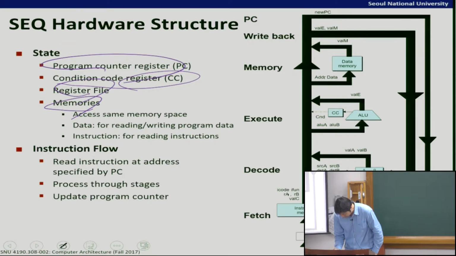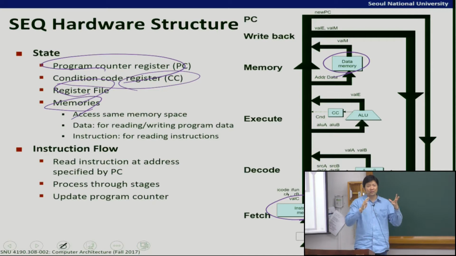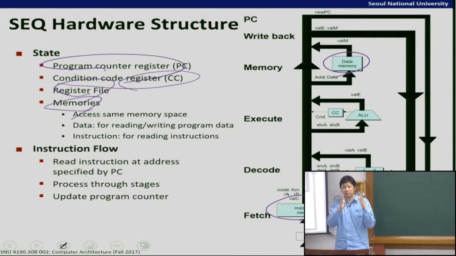One is the instruction memory, where we store the program code, and the other is a data memory, which is for data. When you execute load or store instructions, such as rmmovq, which copies from register to memory, the data memory is what is used.